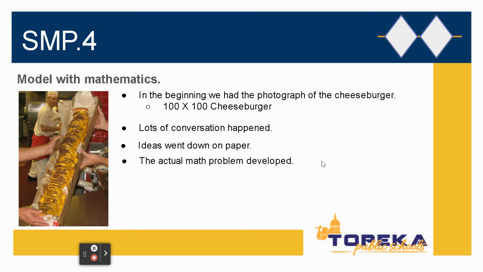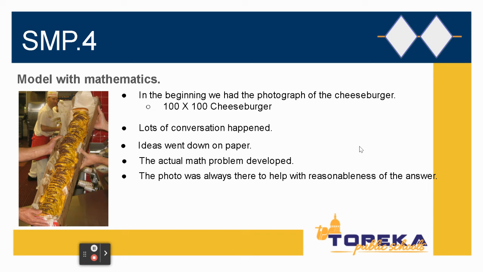So the actual math problem will develop because they have this picture to go back to and go, oh, well, now wait a minute. Remember how it said? So that picture will definitely help in making their answers more reasonable. All right? So there we go, the reasonableness of the answer. So that's using a model.